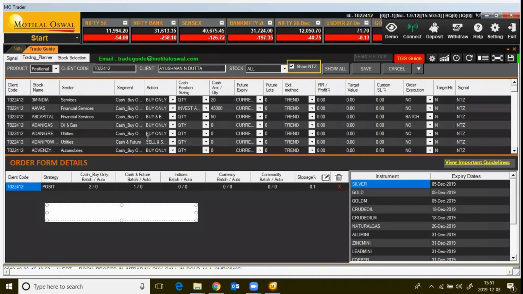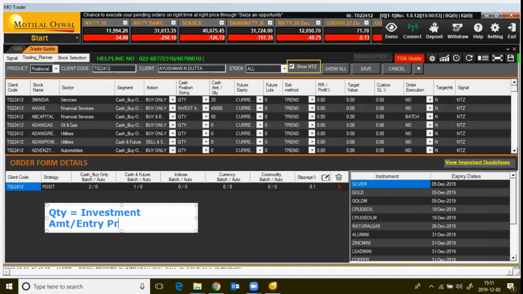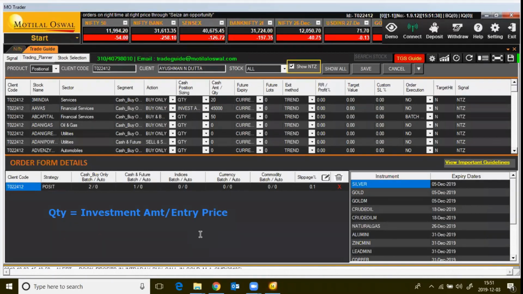The formula to calculate the quantity from the investment amount is: quantity equals investment amount divided by your entry price, right? So depending upon this, whatever quantity is available, it will get calculated.